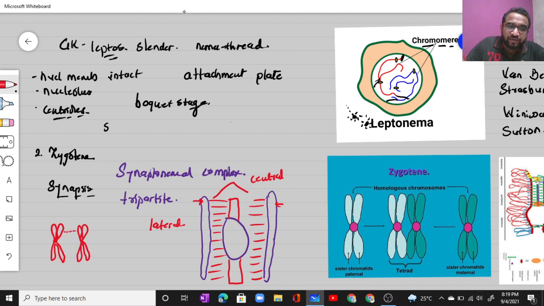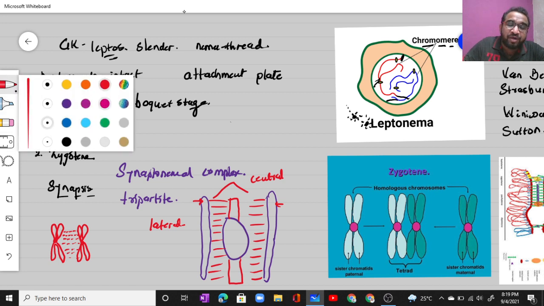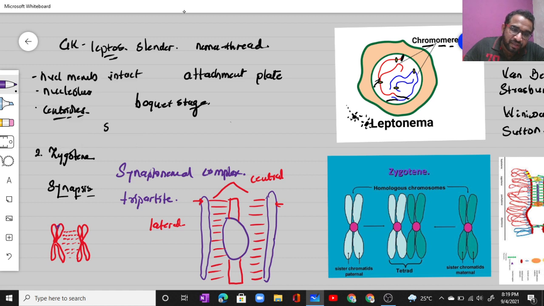So it is present over here. Where is the lateral element present? The lateral element is present between the sister chromatids, somewhere over here. So this is how the synaptonemal complex appears.